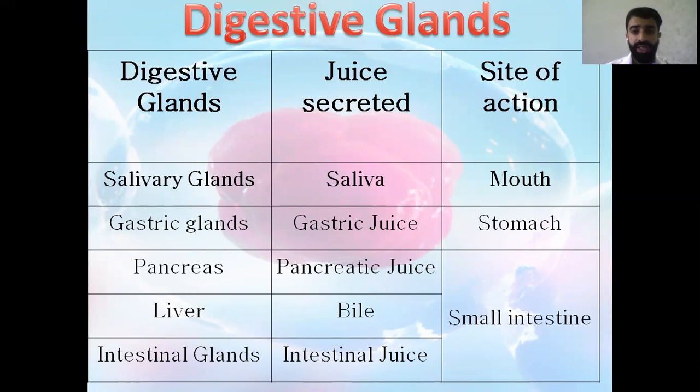Liver secretes a juice called bile, also in the small intestine. Intestinal glands secrete intestinal juice also in the small intestine. So these three, pancreas, liver, and intestinal glands, secrete juices into the small intestine, whereas salivary glands secrete saliva in the mouth and gastric glands secrete gastric juice in the stomach.